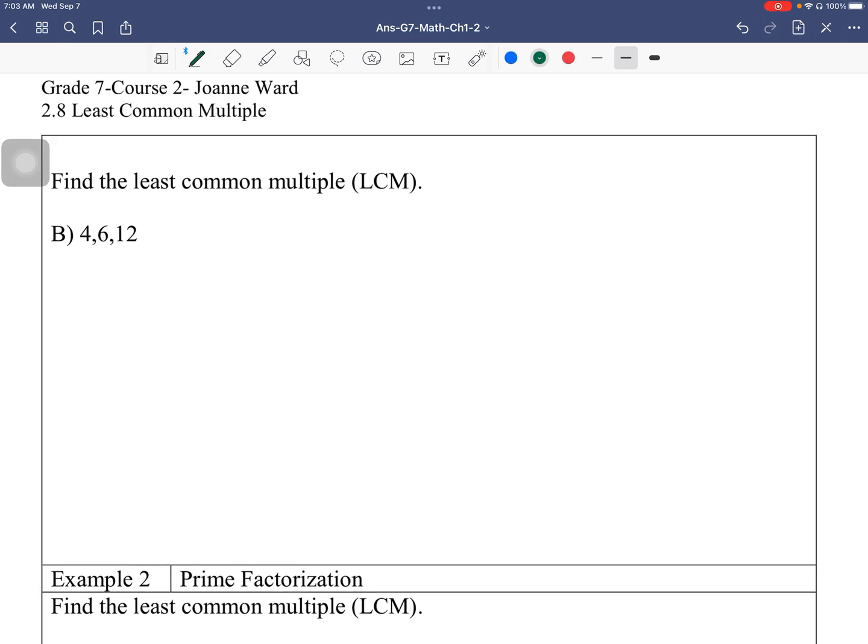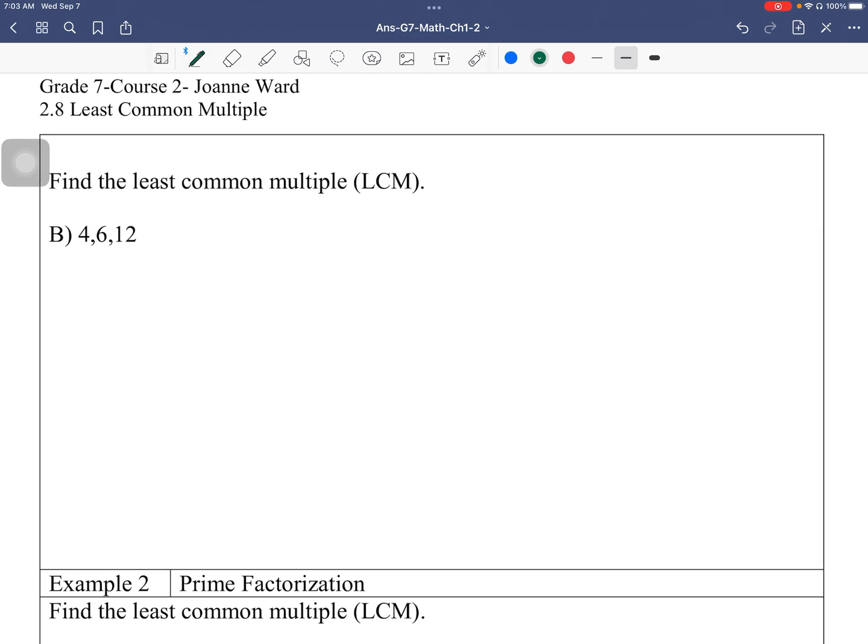Okay, so then we want to find the least common multiple for 4, 6, and 12. Still using the multiples. Multiples of 4: 4, 8, 12, 16, 20, 24, 28, 32, 36.